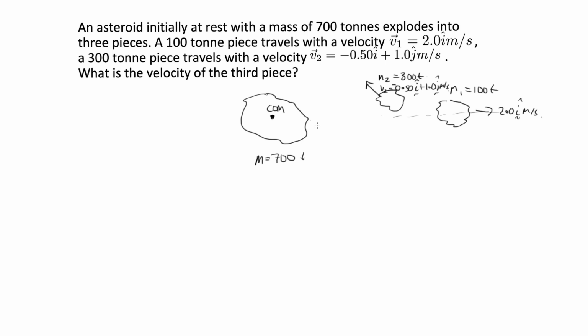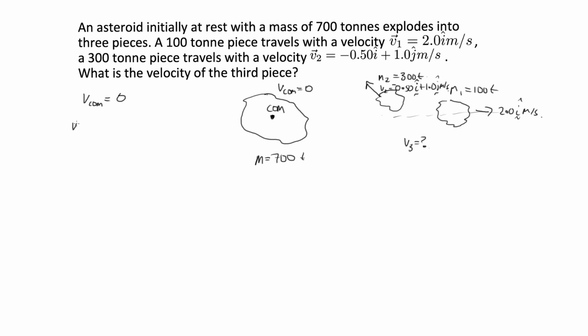And we're asked what's the velocity of the third piece, so we need to find v3. Okay, and we can see initially it was at rest, so VCOM initially is equal to 0. And this is an internal force, so it explodes from something internal, so the VCOM final remains at 0, so it's always 0.